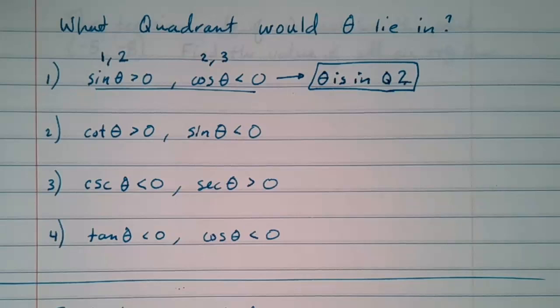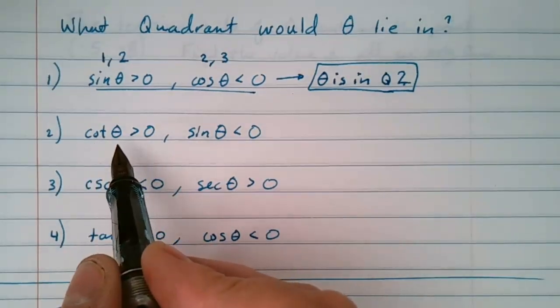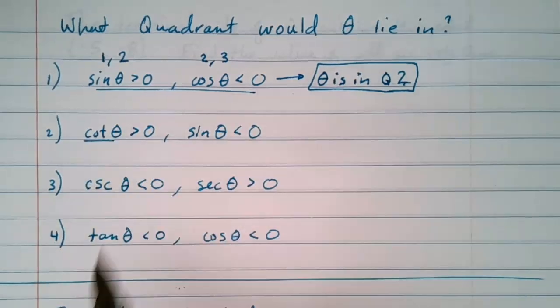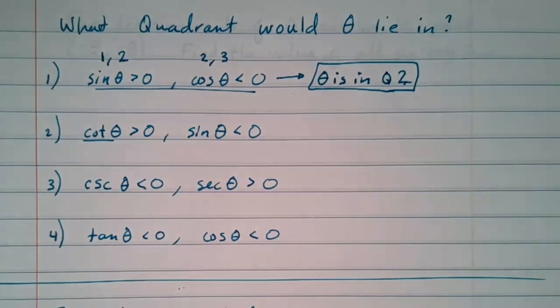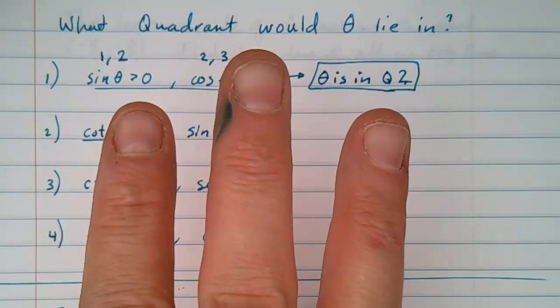And we're going to put all of this together in the final video. How about here? Cotangent of theta is greater than 0. This is a fancy way of saying cotangent is positive. Well, I don't work with cotangents, but guess what? If cotangent is positive, so is tangent. So I say all students take. Where is tangent positive?